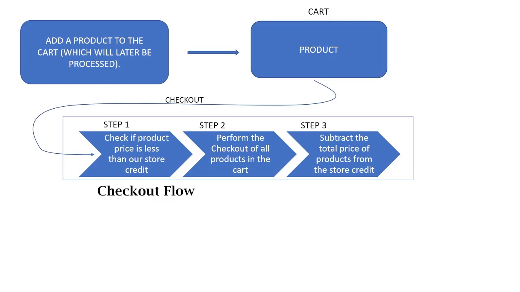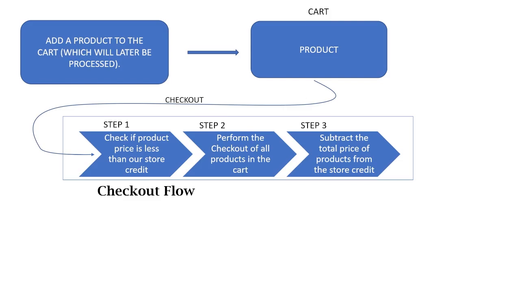So once this verification check is done, it will move to step two, where the actual checkout process happens, which means they'll select a gift card for you and then add your address on top of it and deliver it, all that stuff. And then it will move to step three, where the mathematics happens, which means you've bought a $10 product, right?